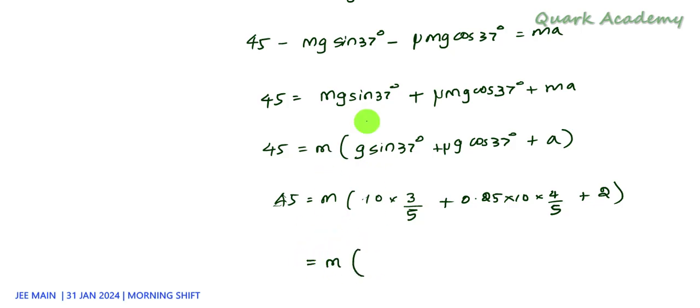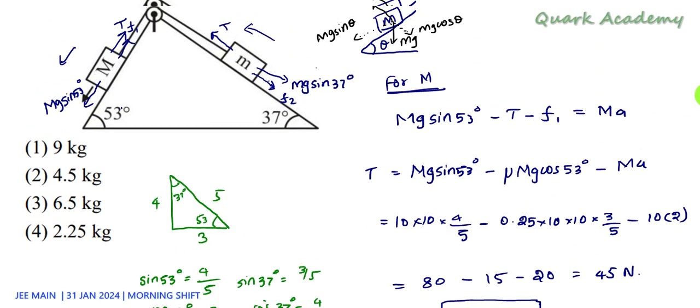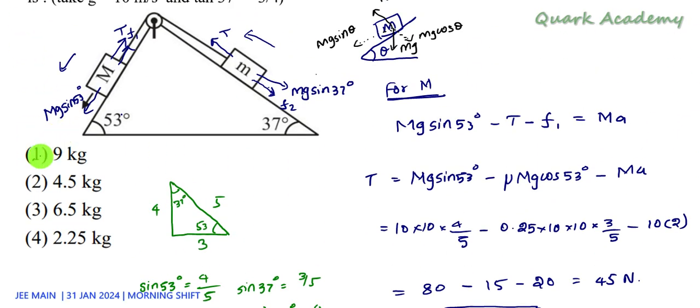So m into this: 6 plus 2 plus 2, which is equal to 10m. 45 Newton equals 10m, which means the mass is going to be 45 by 10, which is 4.5 kg. So the mass of the small one is 4.5 kg.